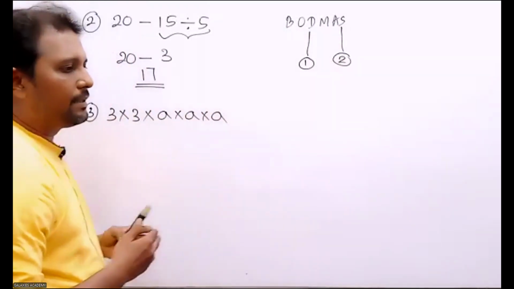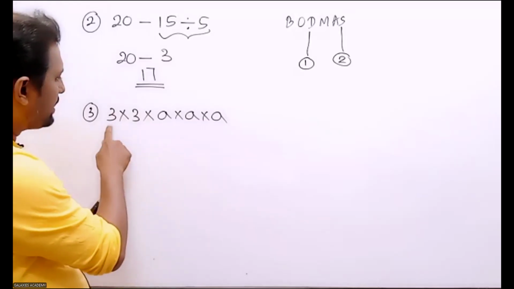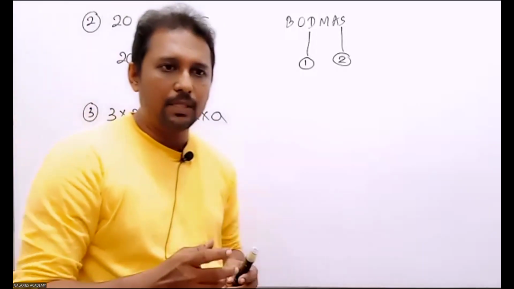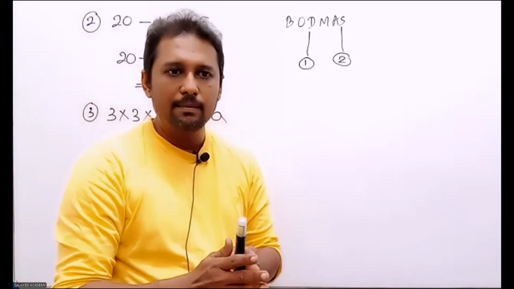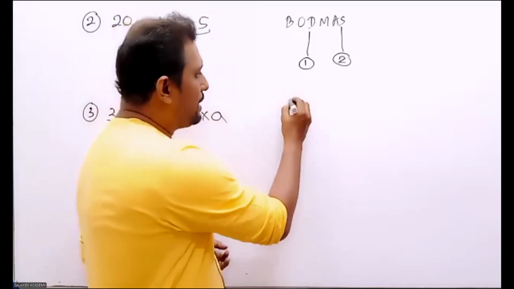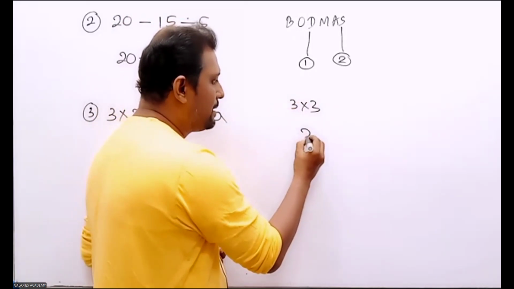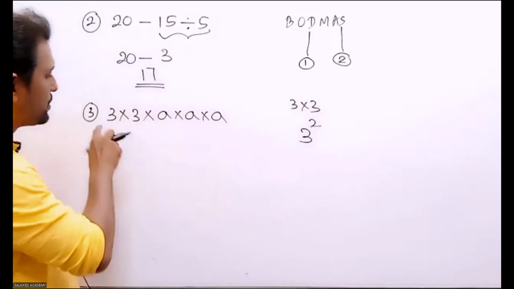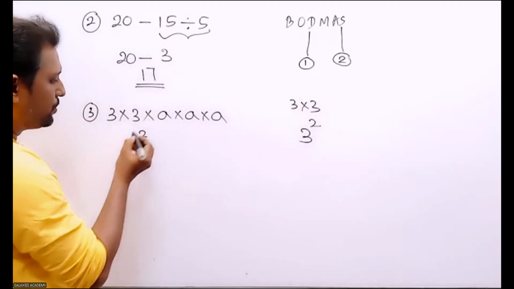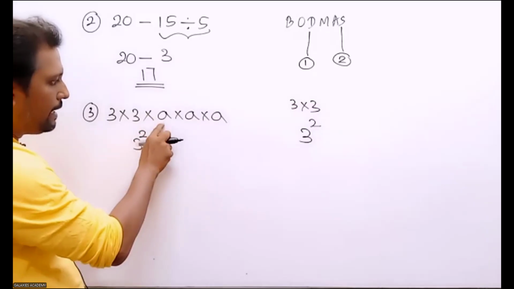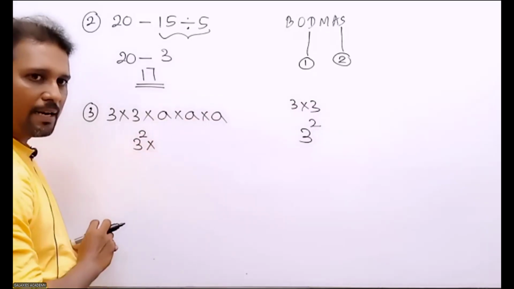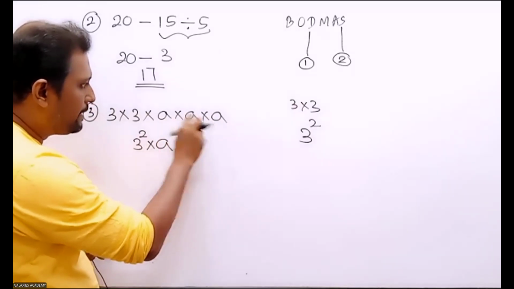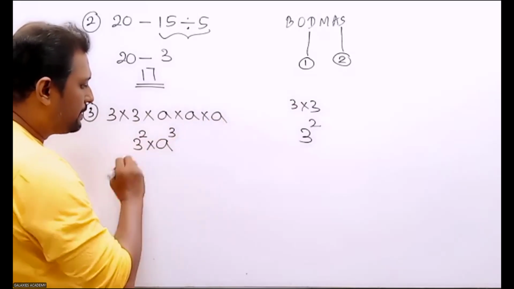So when you write the index notation, you look at 3 multiply 3, which you can write as a power. How many times do we multiply 3? 2 times, so 3 multiply 3 can be written as 3 to the power 2. Then A multiplied 3 times can be written as A to the power 3.